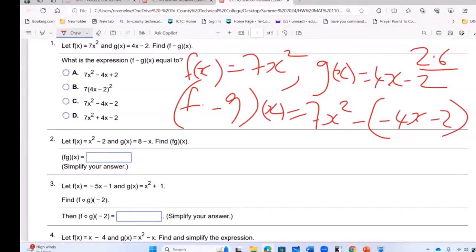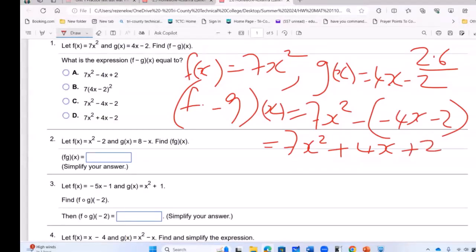Open the parentheses. So I have 7x squared minus, if I distribute minus into the parentheses, then I have minus 4x. So I'm going to change the sign to 4x. Minus again, I'll change the sign to 2.